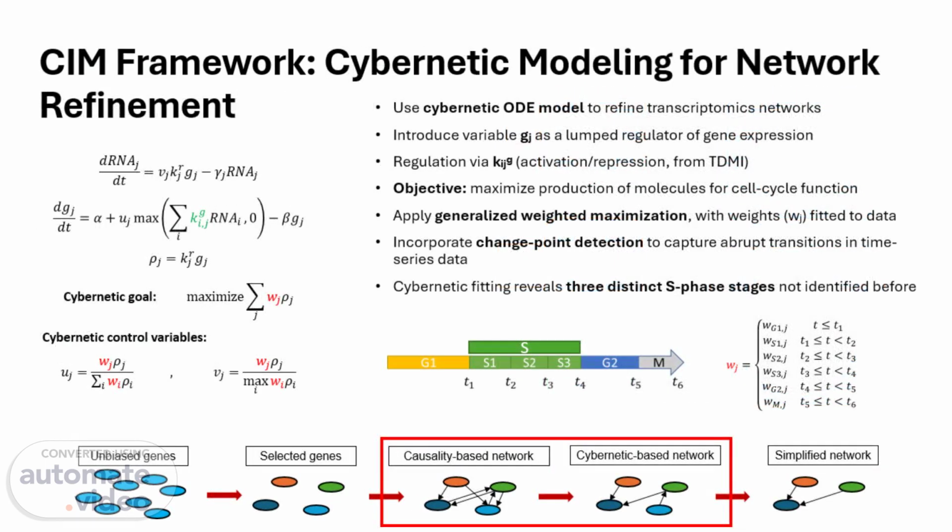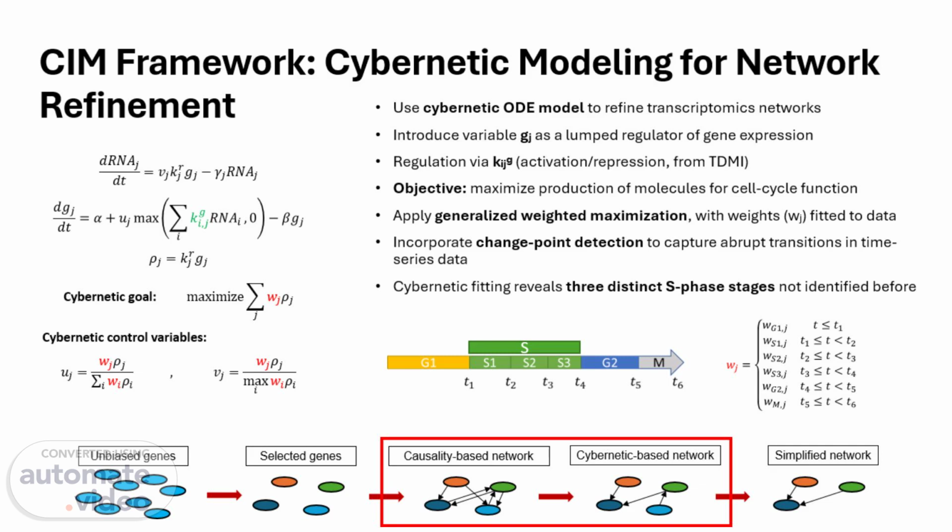The next stage of the CIM framework involves using a cybernetic ODE, ordinary differential equation, model to refine these transcriptomics networks. We introduced a variable G as a lumped regulator of gene expression, with activation or repression determined by TDMI. Our objective was to maximize the production of molecules essential for cell cycle function.